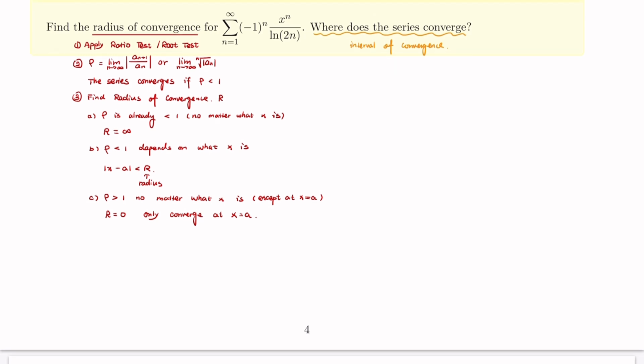Now, if you want to find the interval of convergence, for the second case, B, you also need to check the endpoints.